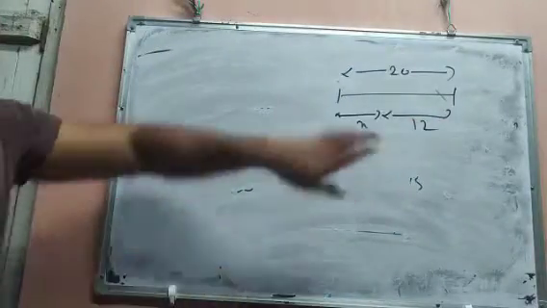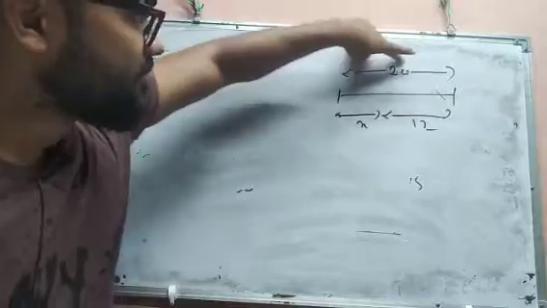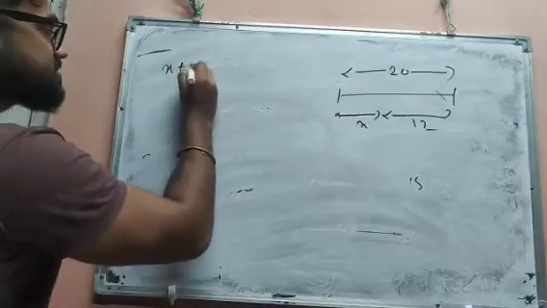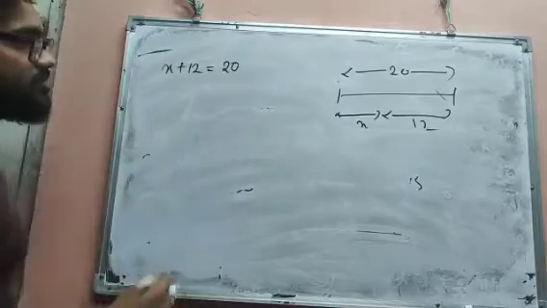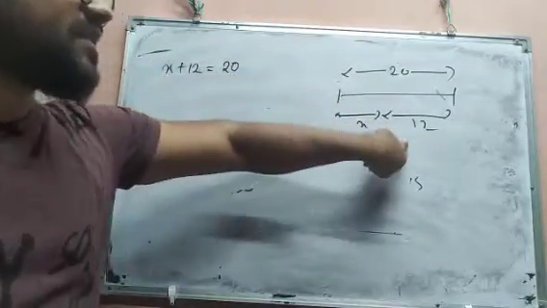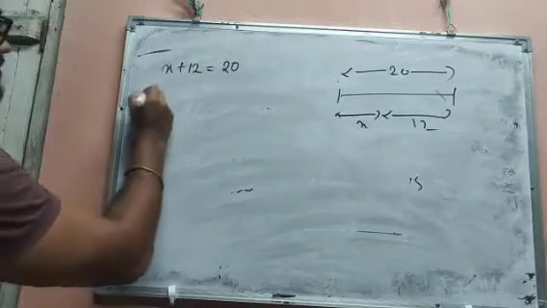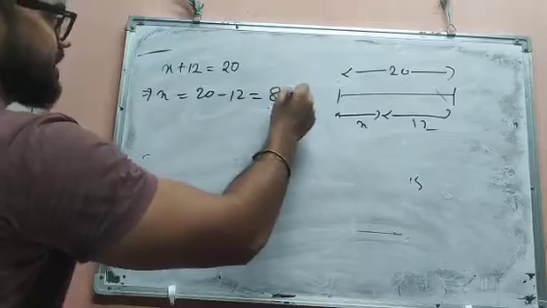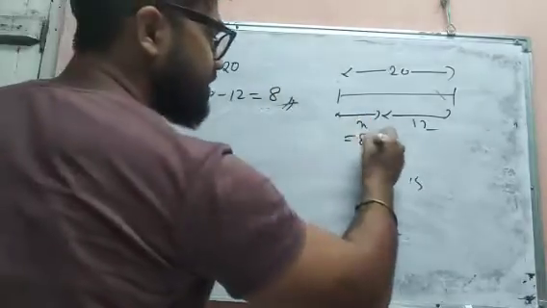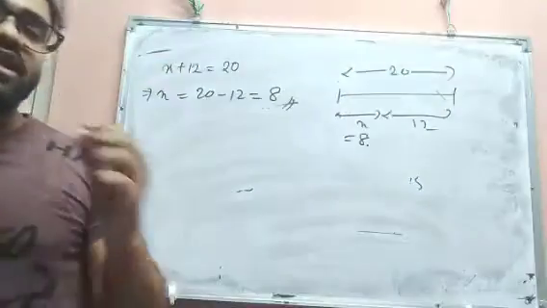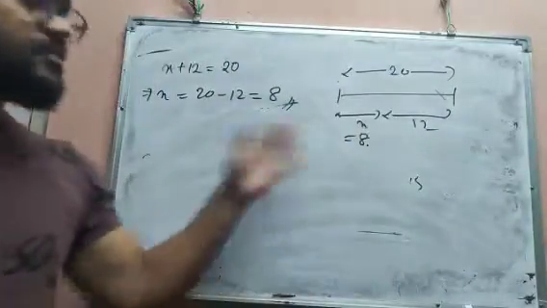So see, whether this part or the upper part, the line is same, right? So you can write x plus 12 equal to 20, because the line is same. So here it is 20, here it is x plus 12. These two will be equal. So simply do the calculation. 20 minus 12 equal to 8. So this portion will be 8.